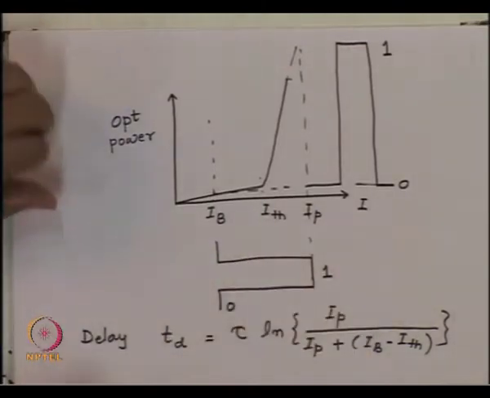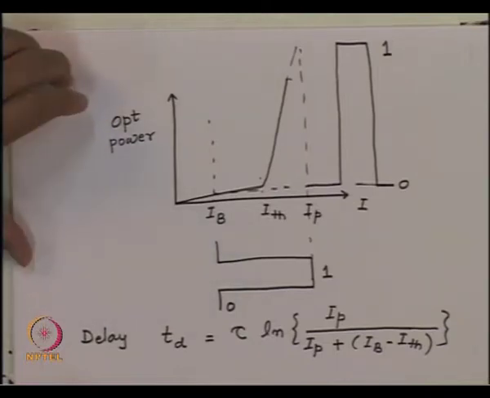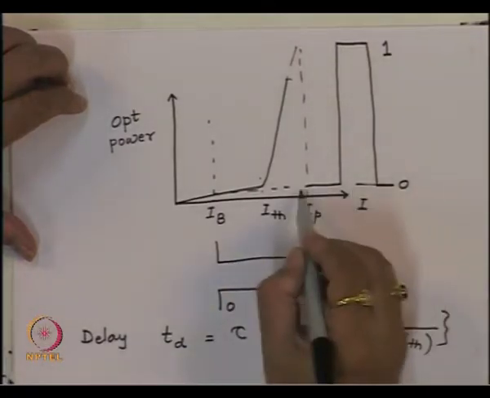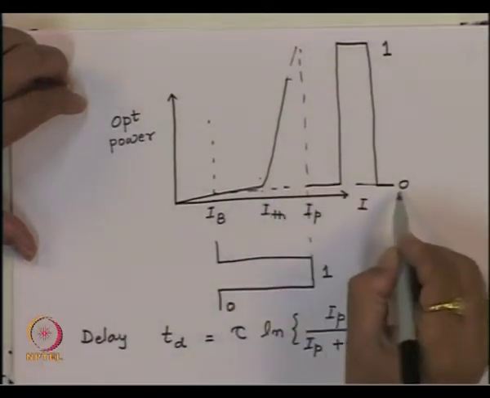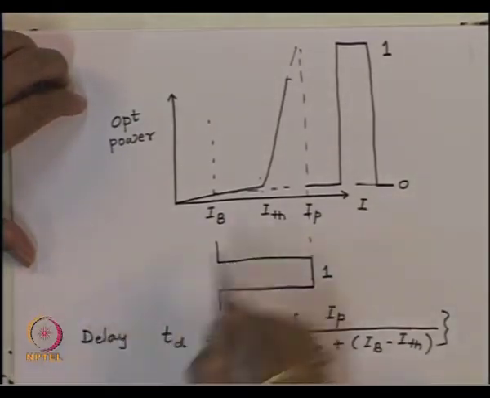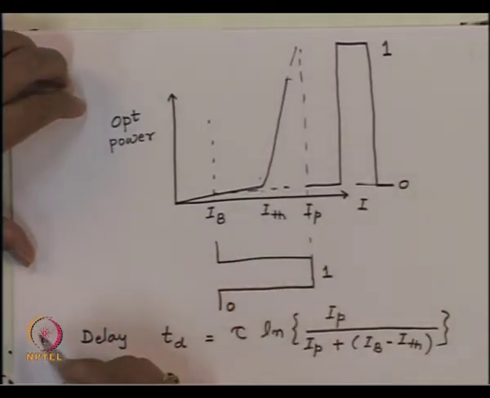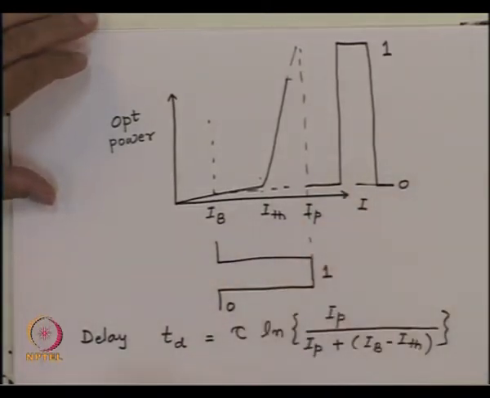But this has two problems now. Firstly, what you will notice is that if the device was biased at the threshold current, then we have the optical level corresponding to 0, that is large. So, the 0 is not really 0 from optical power point of view, that is one problem.